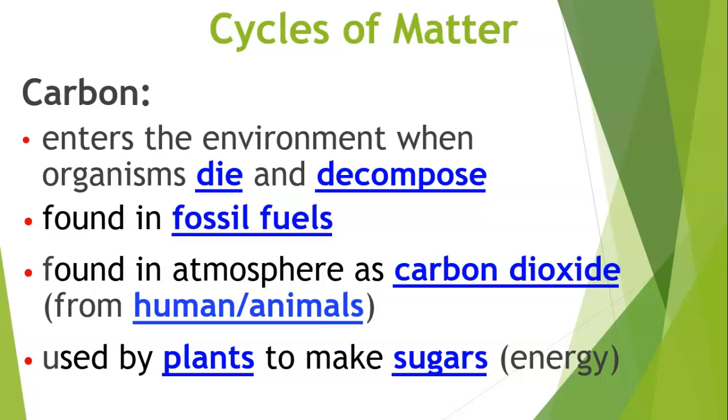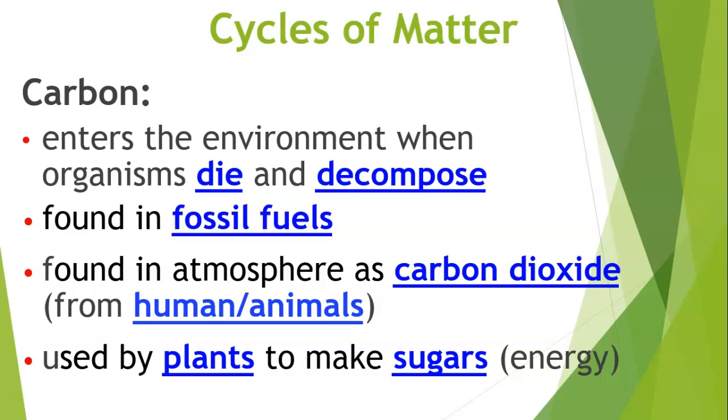So carbon, how does it get into all these places? Well, it enters the environment when organisms die and their bodies begin to decompose, because decomposers begin to break down the body.